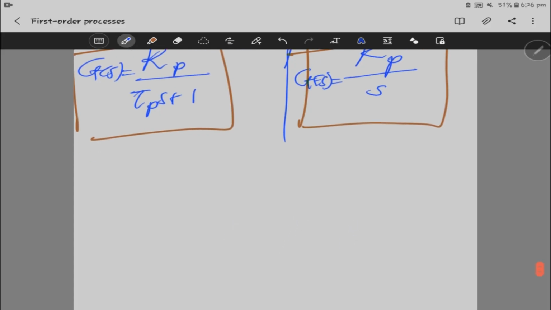The studies have been done already, and there's a graph for this: for a system to be able to reach about 63.2% of its final value, it just needs this time, right?